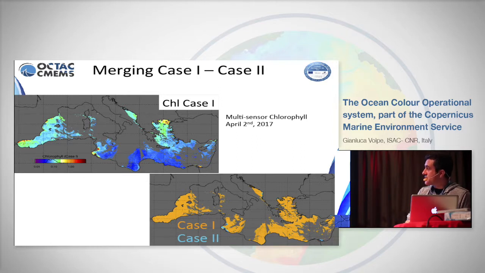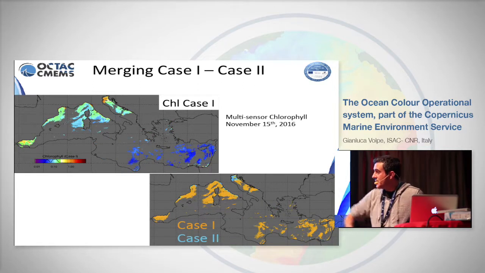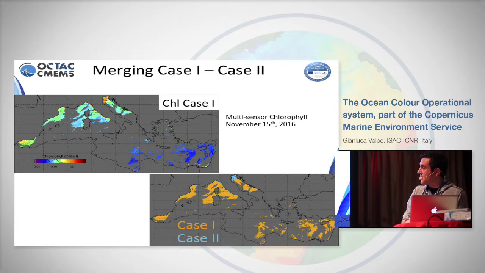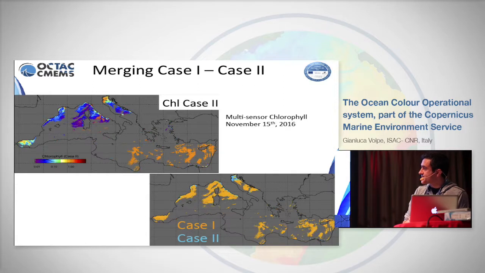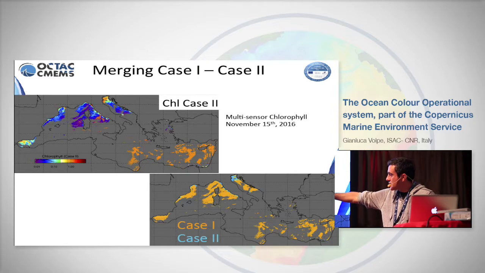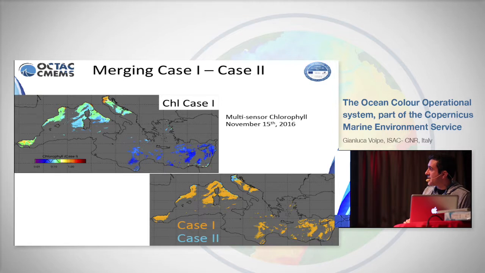And when we merge them together, obviously you don't see so much difference, apart from perhaps here in the Gulf of Gabès, south in the Libyan Gulf. This is another example, with the area affected by case 2 water being a bit wider in the North Adriatic, where the contribution of case 2 appears larger.